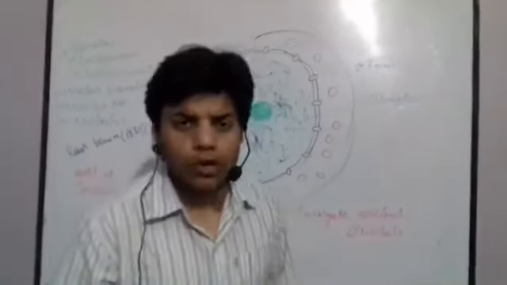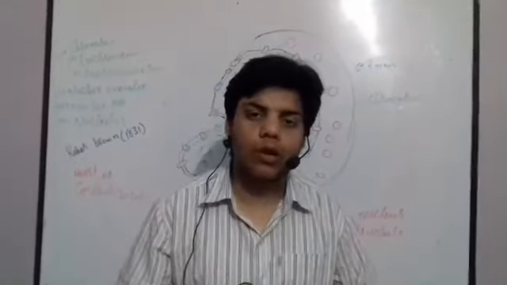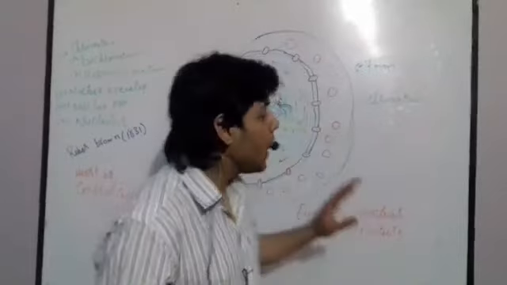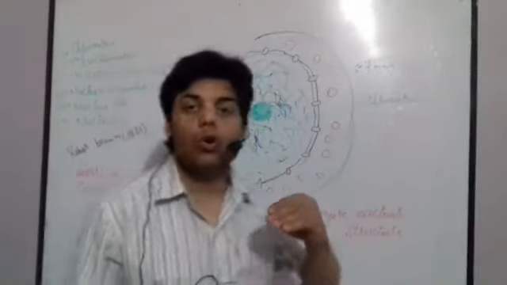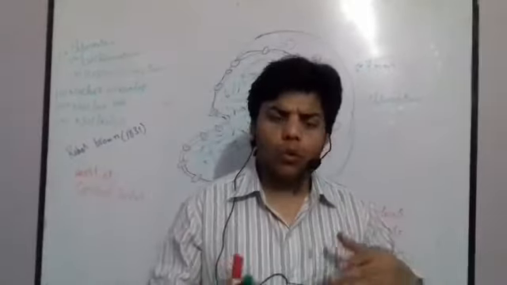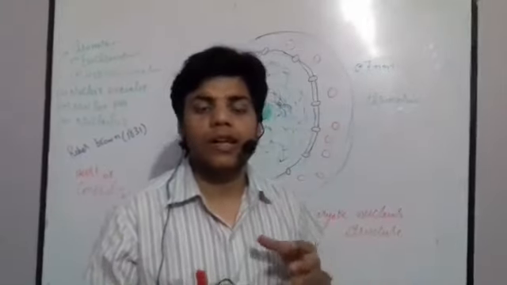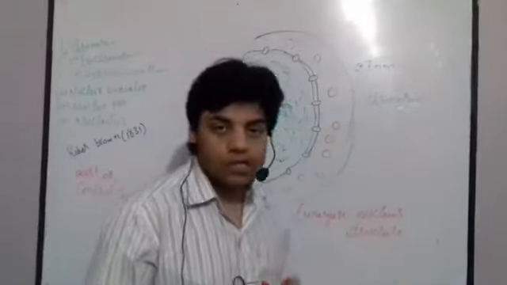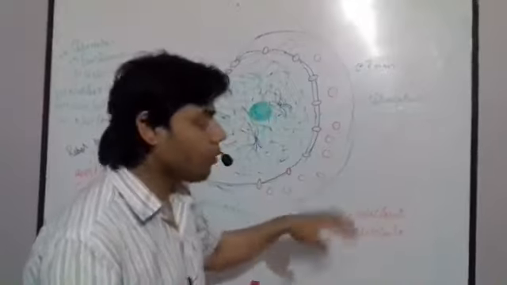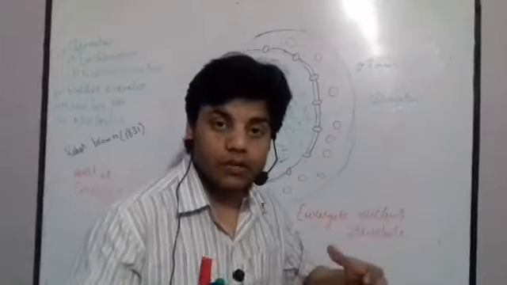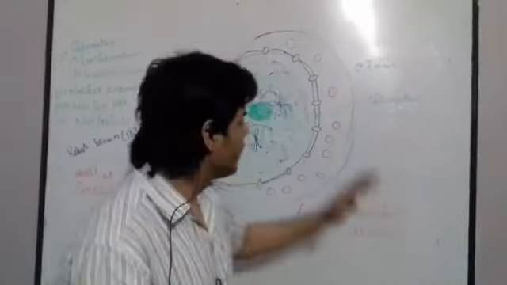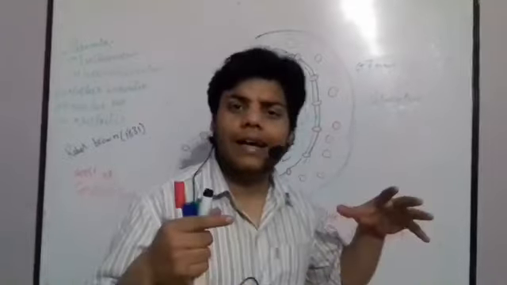If we talk about DNA, inshallah I will make a separate video lecture on DNA in detail. Actually the DNA is made up of this chromatin. During a non-dividing cell, these chromatin are in a dense form.